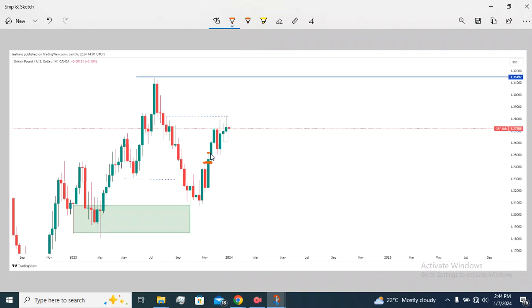Look at the way this candle closed. It closed up, so it never gave the market a chance to come back and refill it. So we went up and swept this internal liquidity.